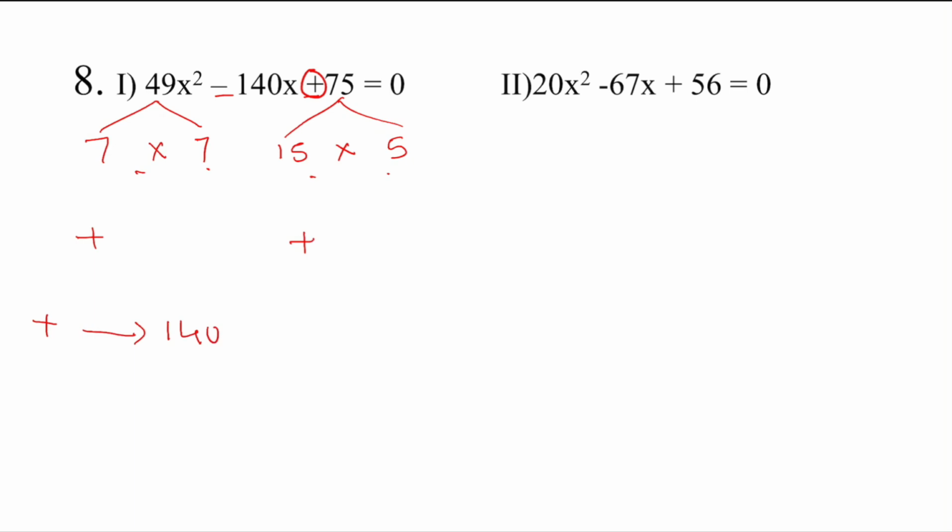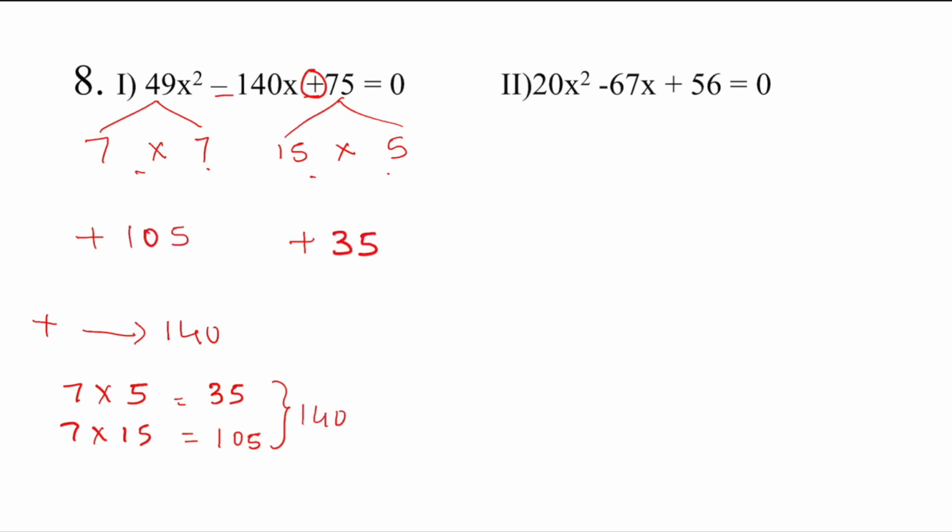So 7 into 5 we will take first, and 7 into 15. 7 5s are 35 and 7 15s are 105. So 35 plus 105 will give us 140. Yes, so these are our roots. Write the bigger number here and the smaller number here.